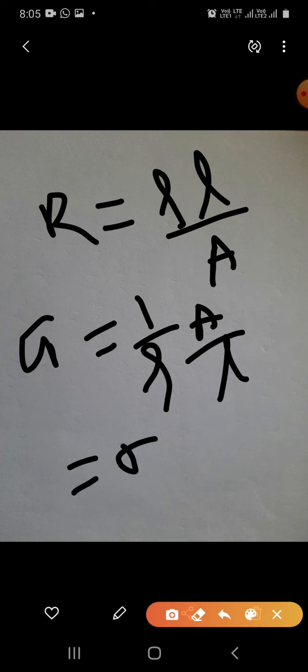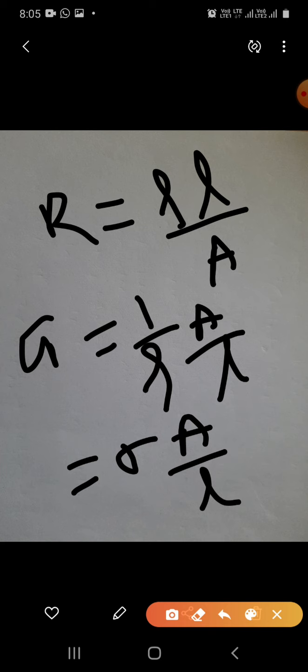We have already discussed this in our previous lecture. When R is rho L by A, and we express it in conductance form, I can write G, the conductance, as 1 by rho times A by L, because it is the reciprocal of resistance, that means 1 by R. So I can write 1 by rho as sigma, so G is sigma A by L, with small l.